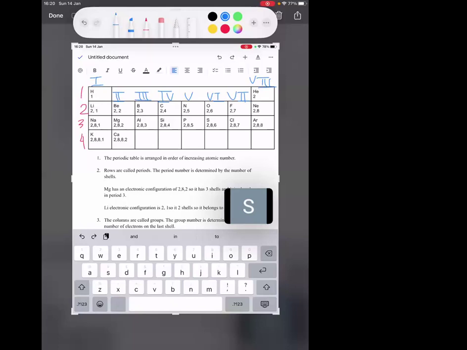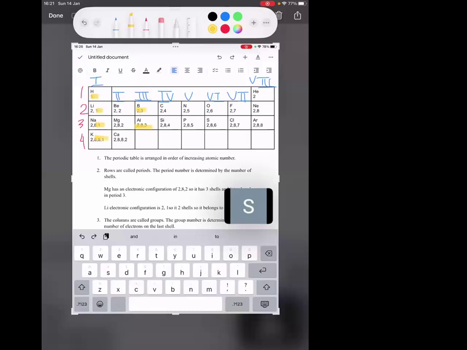Yes, miss. So as we look there, we are seeing that in group 1, hydrogen has 1 electron on its last shell, lithium has 1 electron on its last shell, sodium has 1 electron on its last shell, potassium has 1 electron on its last shell. We'll go to group 3. Boron has 3 electrons on its last shell, aluminum has 3 electrons on its last shell.